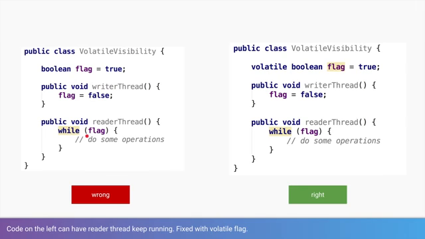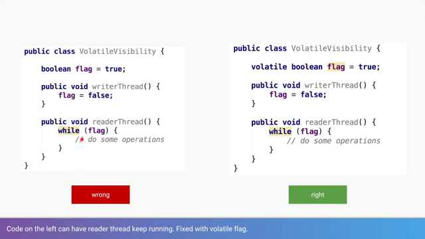And after some time, maybe in the writer thread, you change the value of flag to false. And with the Java memory model, if it's not a volatile, it's completely okay for a thread to never flush the updated value of flag into the shared cache. And that is why it is completely possible that the reader thread will never stop.